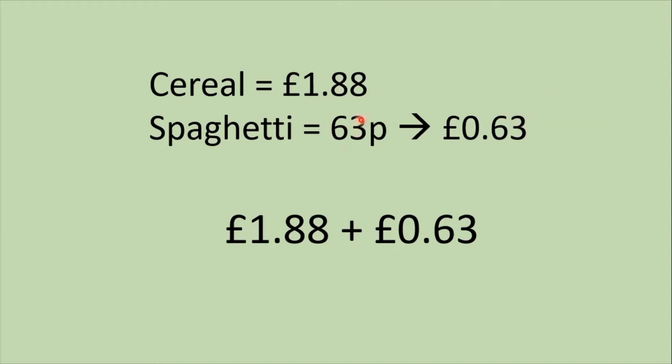That's exactly what that says. So spaghetti is 63p, and this is telling us it's £0 and 63p. So now they are both in the same form, both have a decimal point in there. So this is £1 and 88p, add £0 and 63p.